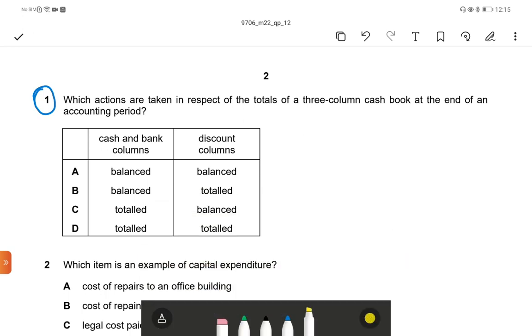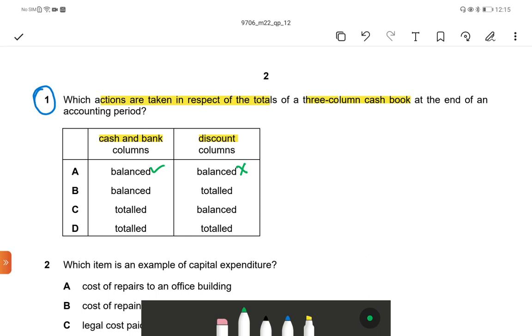Which actions are taken in respect of the total of a 3-column cash book at the end of an accounting period? Cash and bank column, discount column. First option given: cash and bank column will be balanced, it's correct, but the discount column will not be balanced.